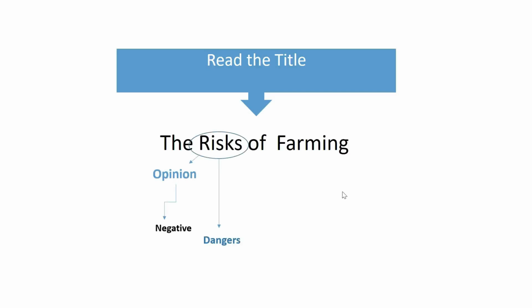And it has a connotation, or it brings us to realize that it has to do with some dangers, some dangerous things related to farming. And of course, when we look at the word farming in the title, we think about fields, animals, and it's outdoors. So now we have a general idea of what the paragraphs or the article is going to be about.